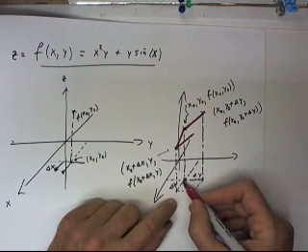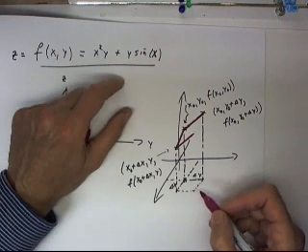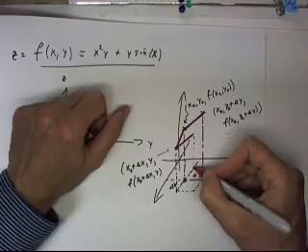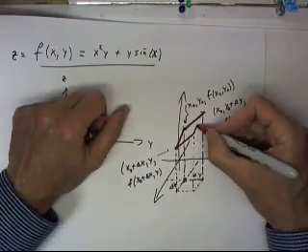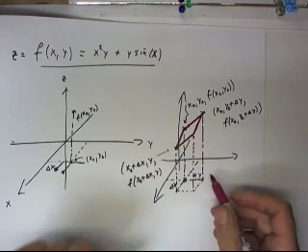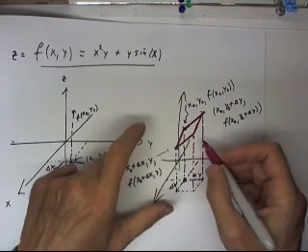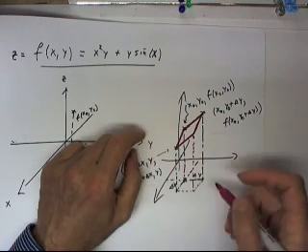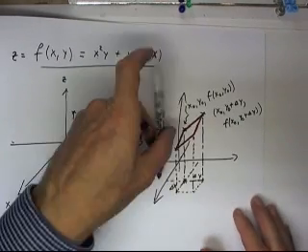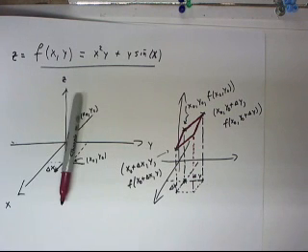Similarly, moving a small distance delta x isn't going to change the way the function behaves too drastically, so we can complete a picture of a section of this graph, f of x, y. It's increasing as we move in the y direction, and decreasing as we move in the x direction.